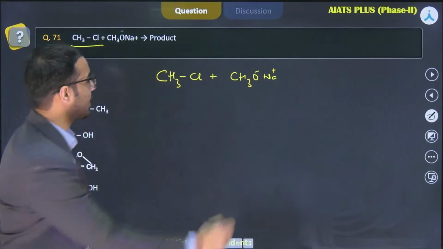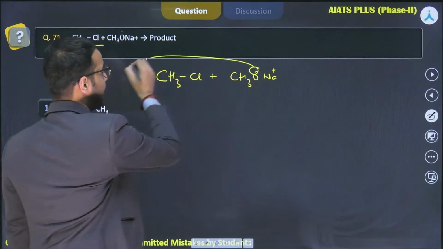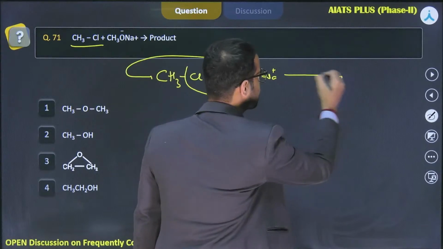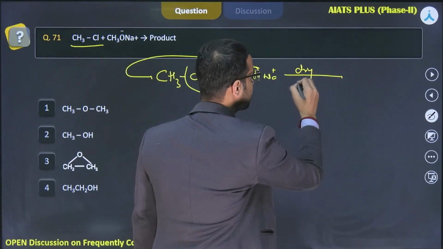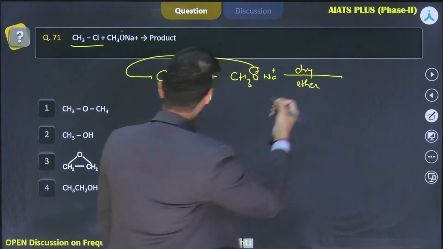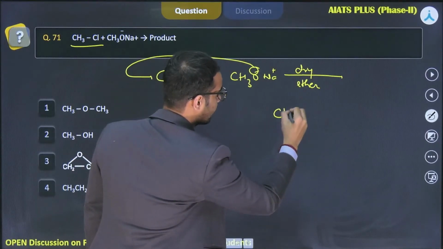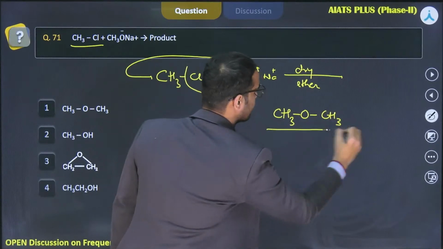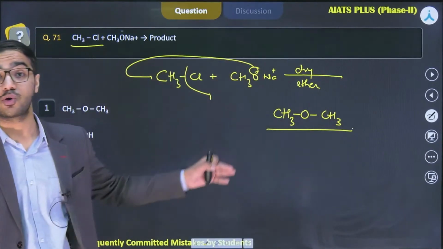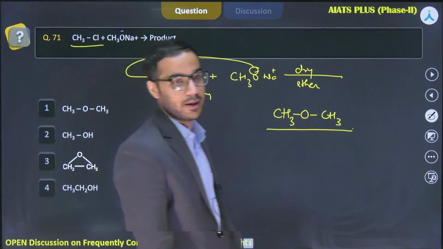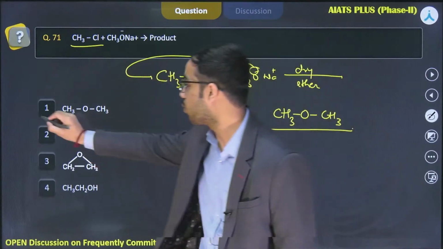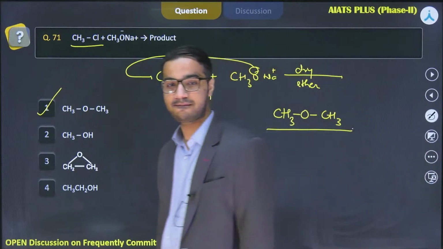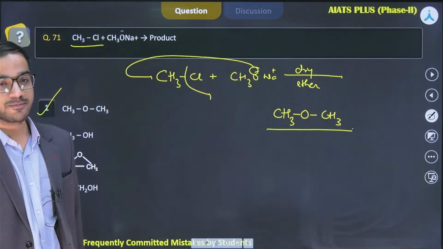Now this negative charge will attack and undergo an SN2 reaction in the presence of dry ether, and you will get CH3-O-CH3. This will be the final product of this question. I hope this is clear, and option 1 is the correct answer.